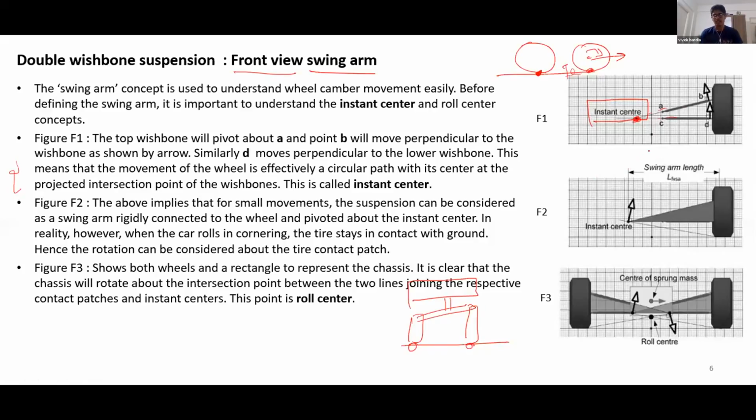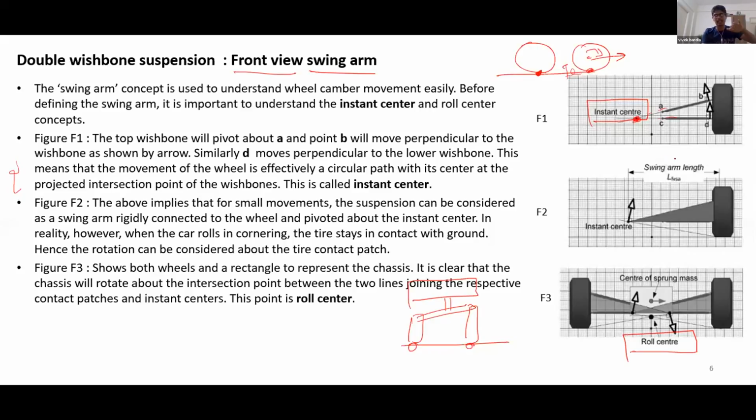The instant center becomes useful because it helps us find what is called the roll center, right? During cornering, the suspension doesn't simply move up and down. Because of your springs and the lateral force acting on your chassis, the chassis is rolling.